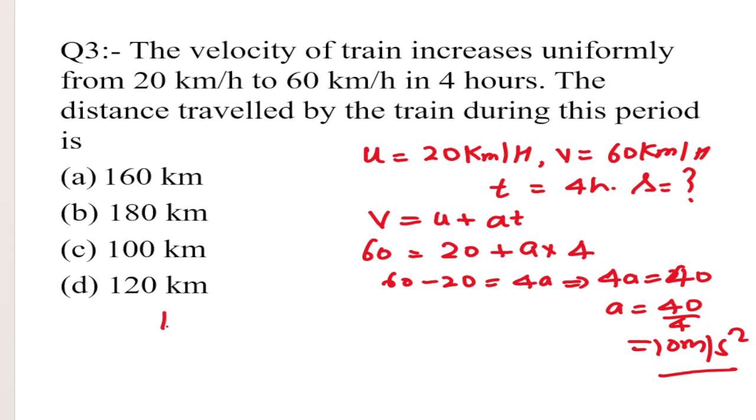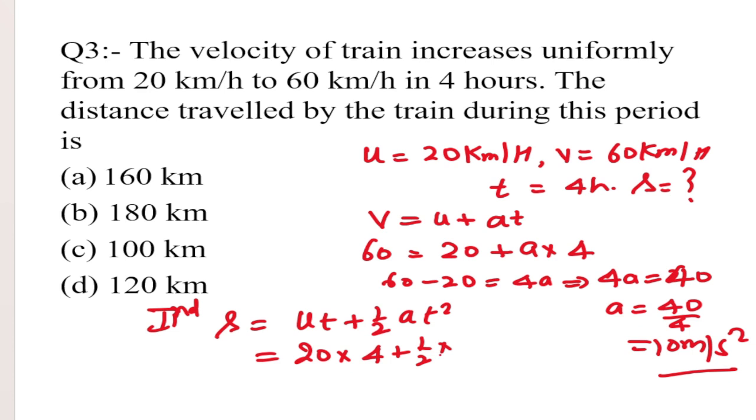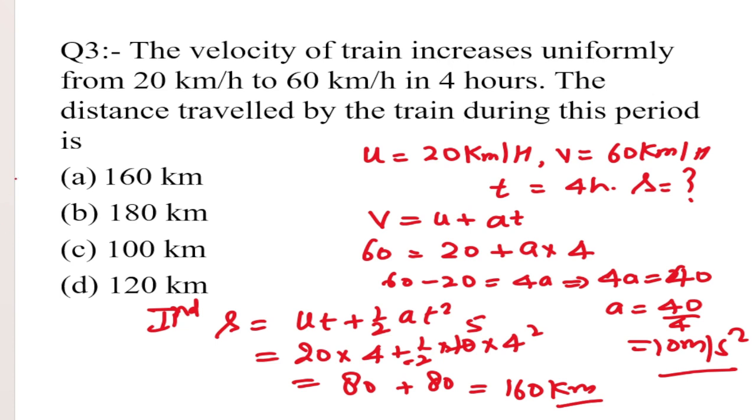Now we use second equation, S equal to ut plus half at square, u 20 time 4, plus half a 10 into time is 4 square. Cancel 5. 4 into 20 is 80 plus 4 into 4 is 16, 5 into 16 is 80. 160 kilometer is the correct option. So A is the correct option.